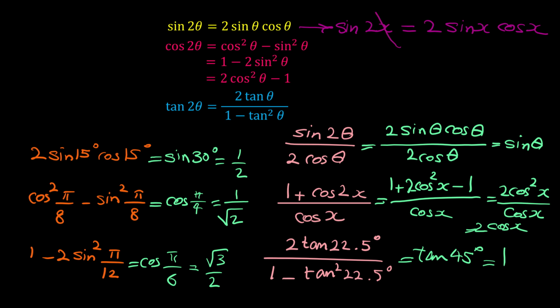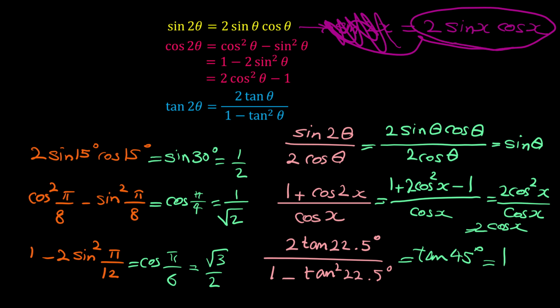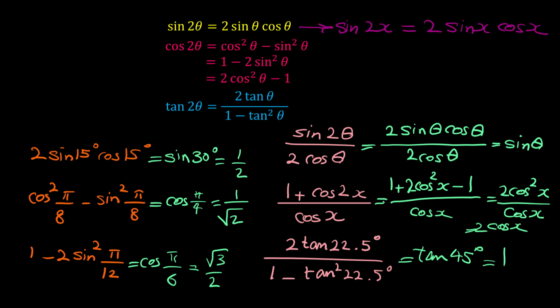So if I ask you, suppose this is not here, if I ask you what is this 2 sine x cosine x, you have to tell immediately sine of 2x. But what if this 2 is not here? If the 2 is not here, how can we get rid of the 2 here? Suppose we want to eliminate these 2 from here.